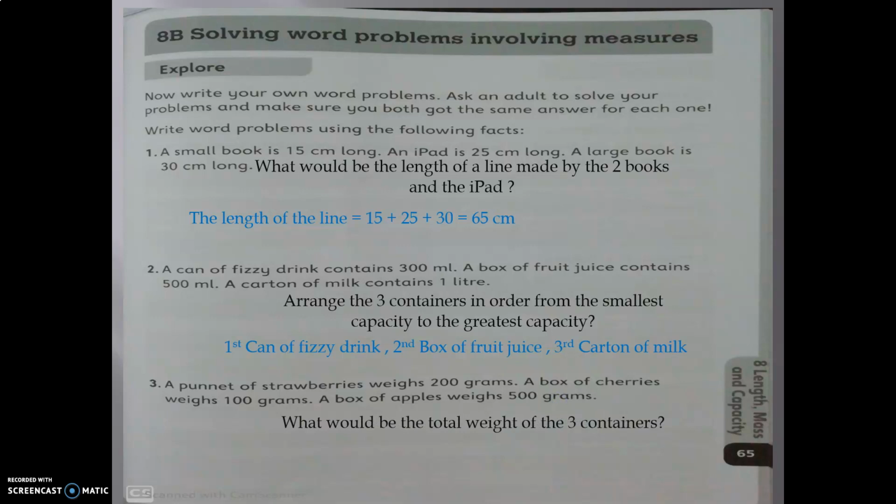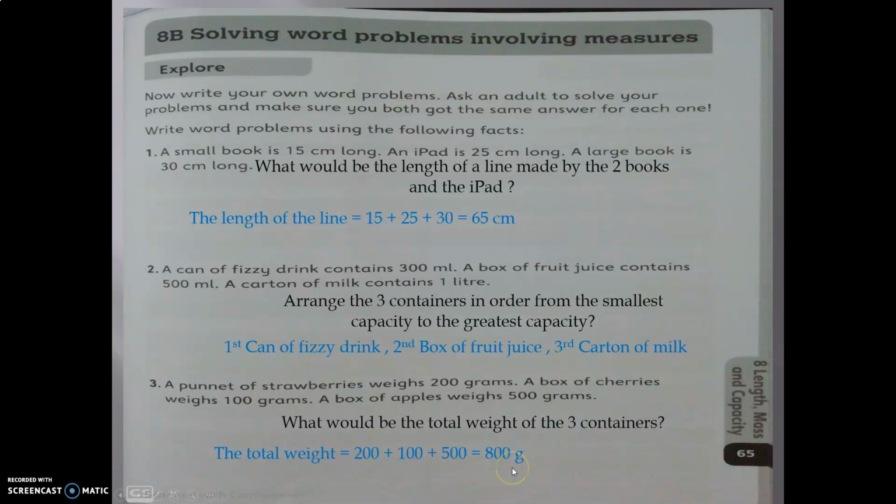Okay, total means plus. Are all the numbers given in the same measuring unit? Yes, here 200 grams and here 100 grams. And the last one 500 grams. So we don't have to convert anything. Just make plus. The total weight equals 200 plus 100 plus 500 equals 800 grams.